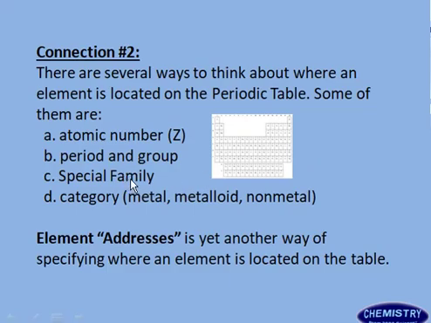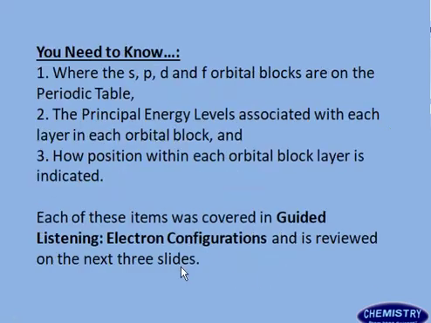We can also locate by special family, and we know there are 4 of those. And we can talk about the category: metal, metalloid, nonmetal. So element addresses are simply another way to specify where an element is located on the table, only in this case the reference is to their electron configuration, or the last term in the electron configuration.